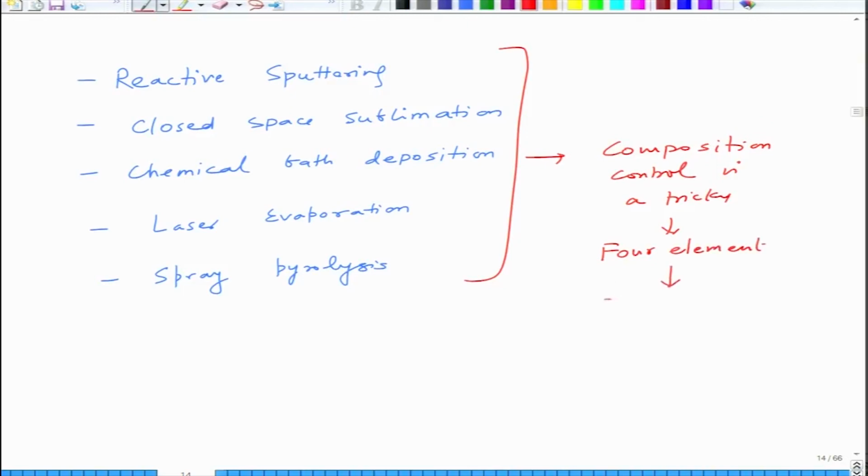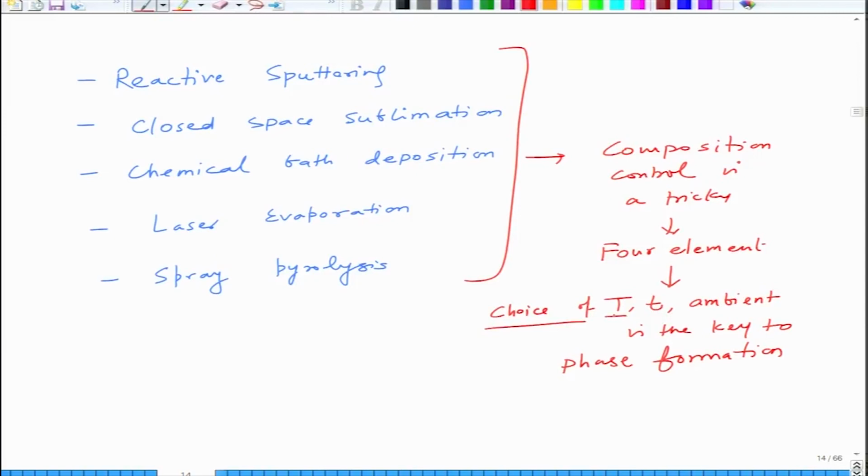So, choice of temperature, time, ambient is the key to phase formation. So, choice of growth temperature or heat treatment temperature, the time, and what kind of ambient you have.